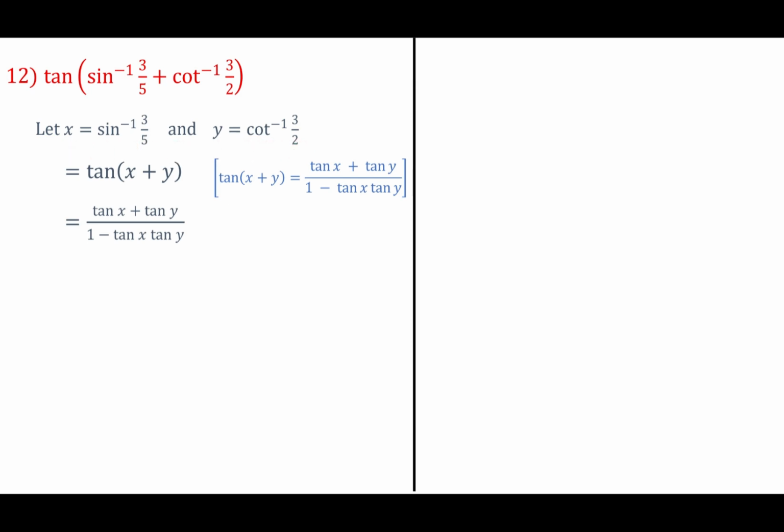Let us first consider x is equal to sine inverse 3 over 5. If I switch this sine inverse over there, it will be sine x is equal to 3 over 5, and we know sine is opposite over hypotenuse. So here opposite is 3, so this side is 3, and hypotenuse is 5. I have to find the adjacent.